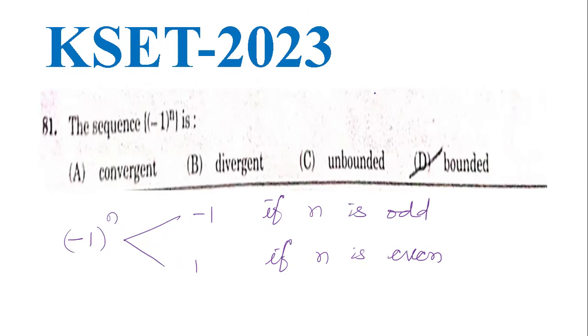Therefore, the sequence a_n lies between -1 and +1, bounded above by +1 and bounded below by -1. Therefore, it is a bounded sequence. This is the right answer.